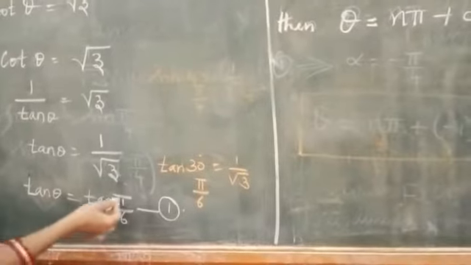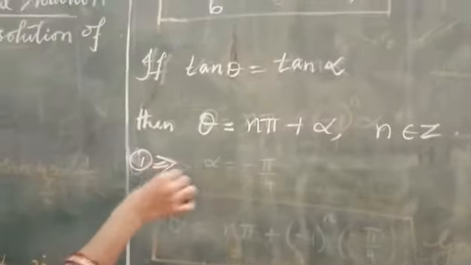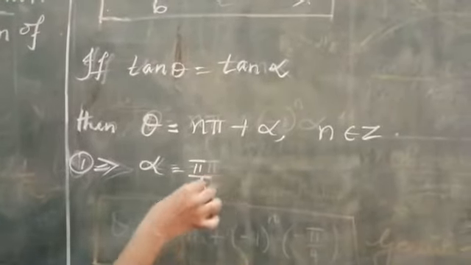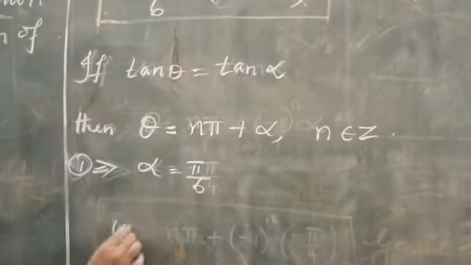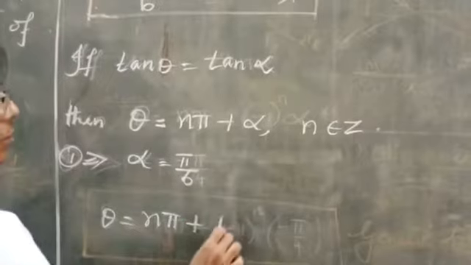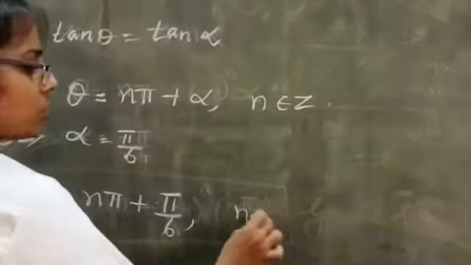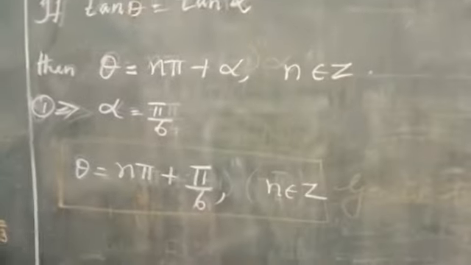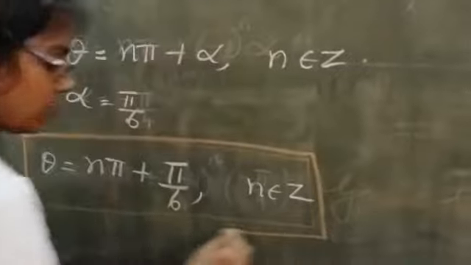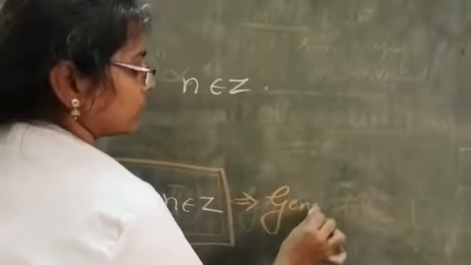In the place of theta we have pi by 6. So from equation 1 we have alpha is equal to pi by 6. Now substitute in this equation. Theta is equal to n pi plus alpha. So we can write it as n pi plus pi by 6, where n belongs to z. So this is said to be the general solution.